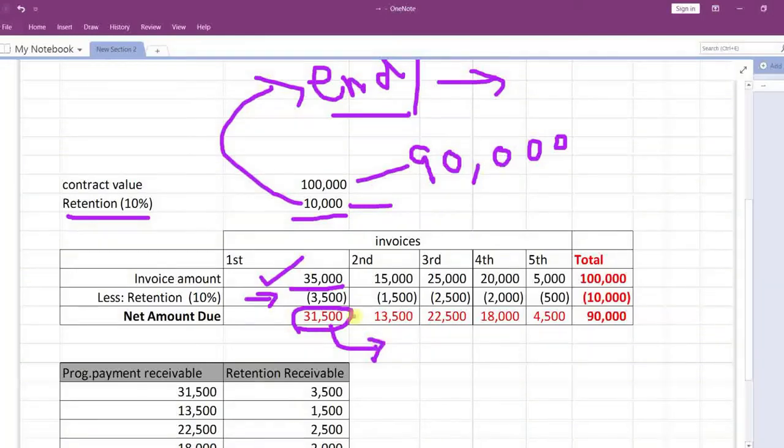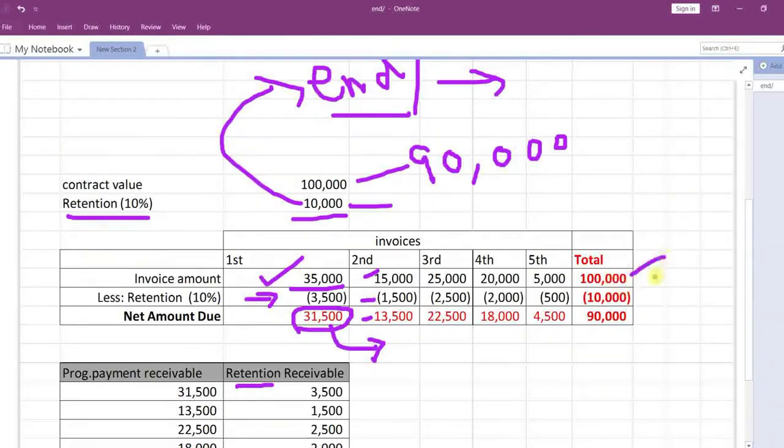And this 3,500 will be your retainage receivable. This will be paid after the contract is completed. So you are distributing this 35,000 into two parts: net amount due as per progress payments, and retention. Similarly, this 15,000 is divided into 1,500 and 13,500, and the 25,000 is divided the same way.